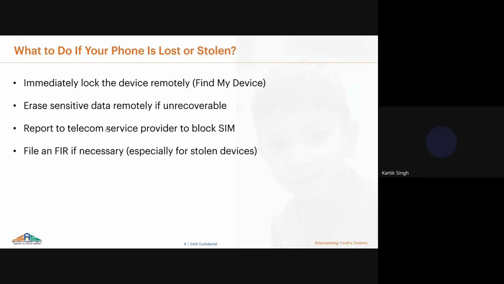So report to telecom service provider to block the SIM. File an FIR if necessary. If FIR is necessary, file an FIR, report to the authorities, especially for stolen devices.